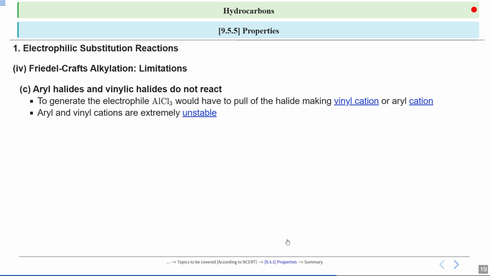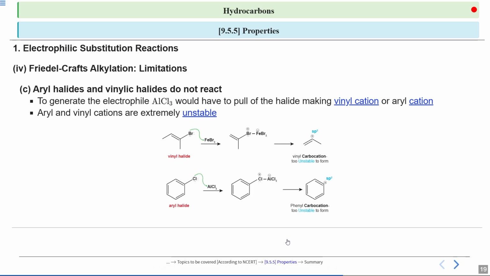It is very difficult to create an aryl or vinyl carbocation, because they have an sp2 carbon with a positive charge, and sp2 carbon is more electronegative as compared to sp3, and electronegative elements do not appreciate positive charge. As a result, they are difficult to form, or unstable if they are formed. For example, if you are taking a vinyl halide, as given in the example, and you react your FeBr3 with this, what will happen?